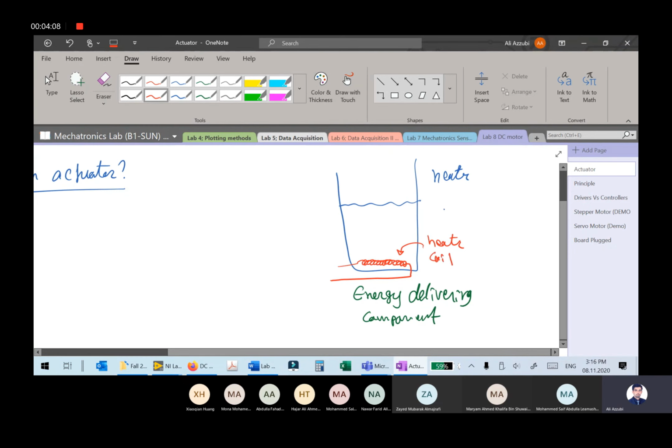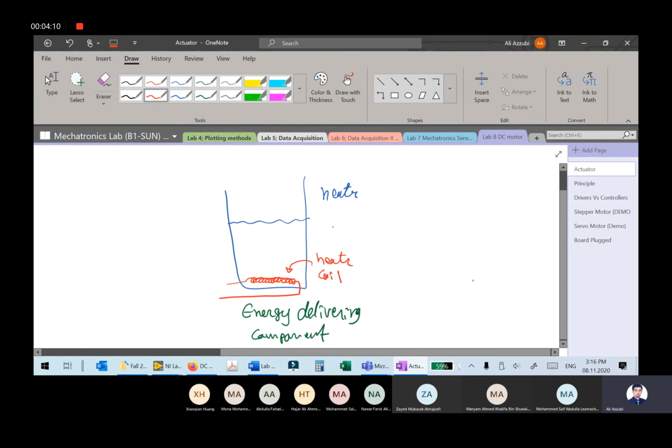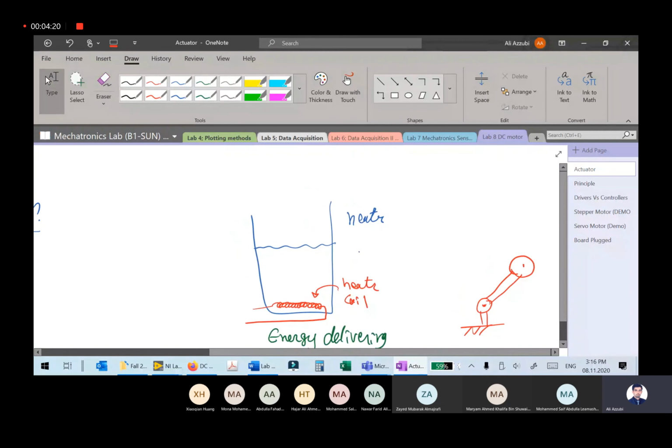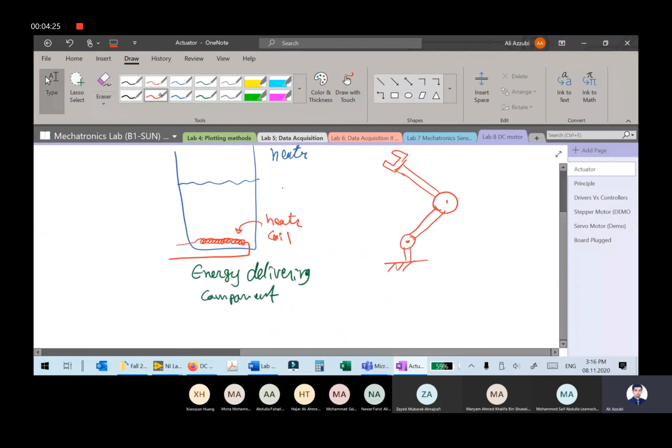Another example, imagine you have a robot like this. This is a rotary joint. You have another joint like this, and the end effector. These are rotary joints, which means they rotate. The question is, what is the element that is delivering the mechanical energy here in the case of robots?